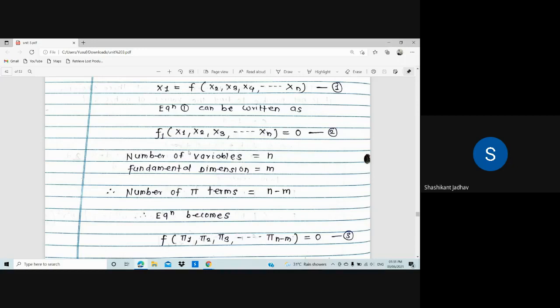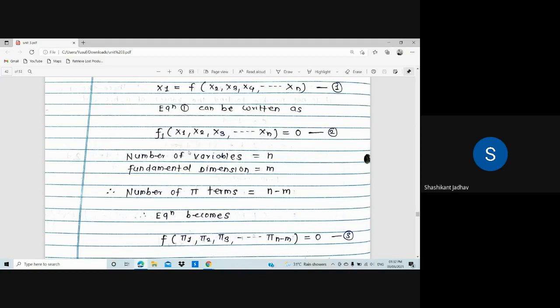So f1, this is another function, f1 of x1, x2, x3 up to the xn is equal to 0, and this is equation number 2.